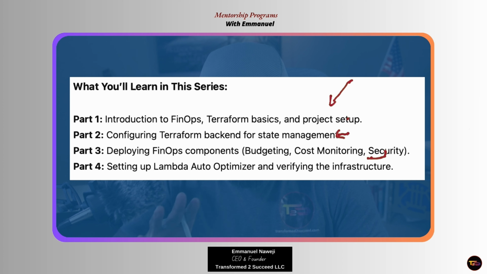So I'm going to show you how to deploy these components, and finally we will be ending with setting up a Lambda Auto Optimizer to help us track the resources that we do not use, like RDS, S3.